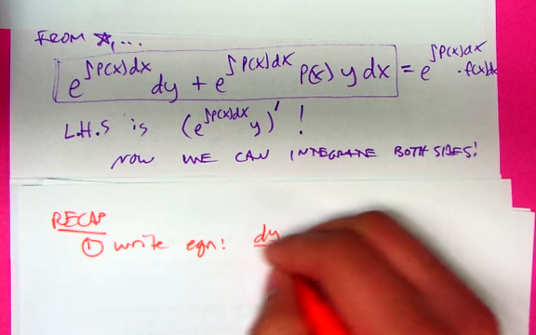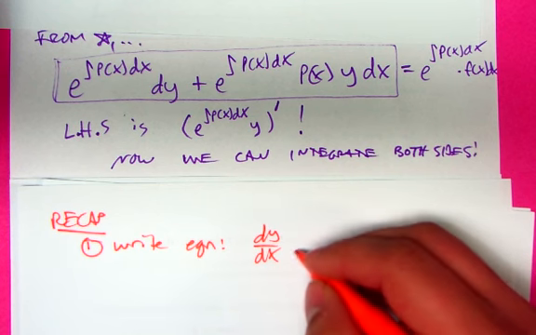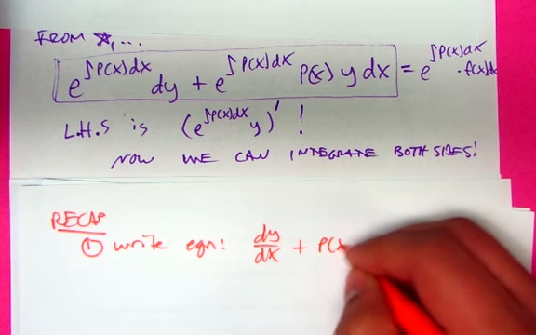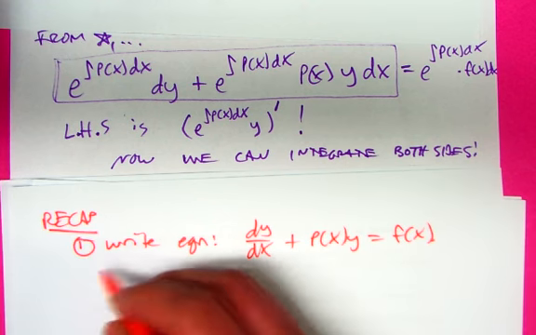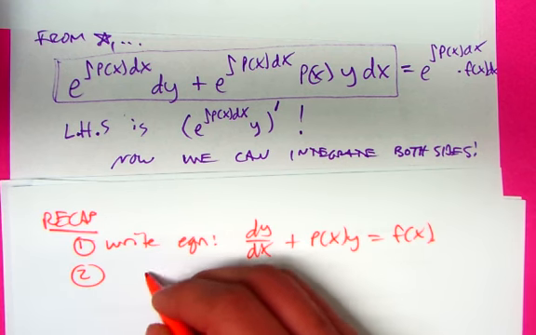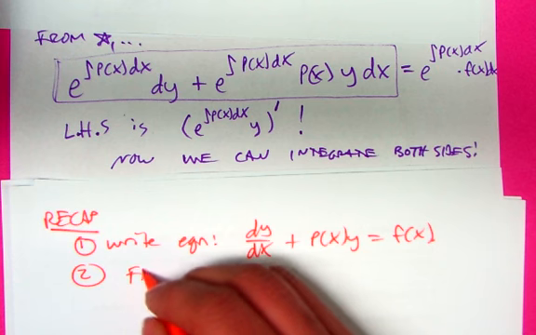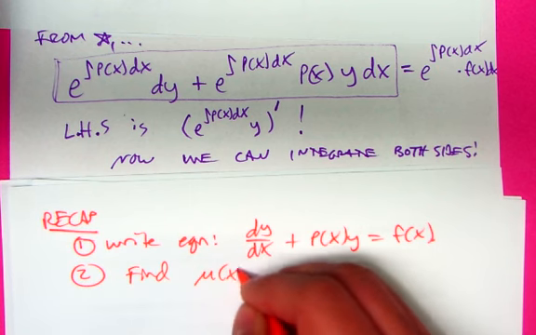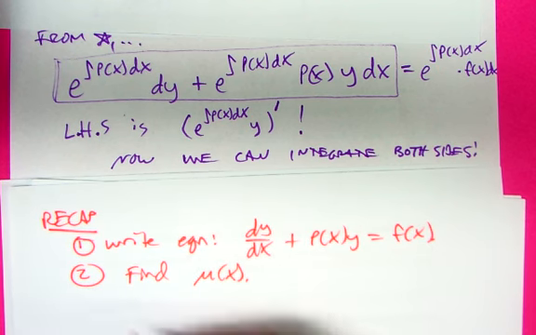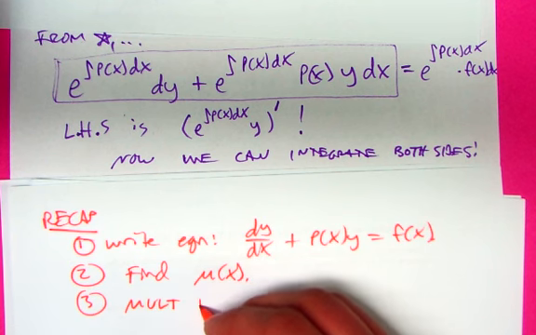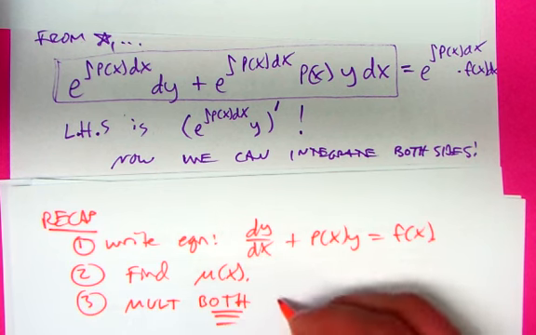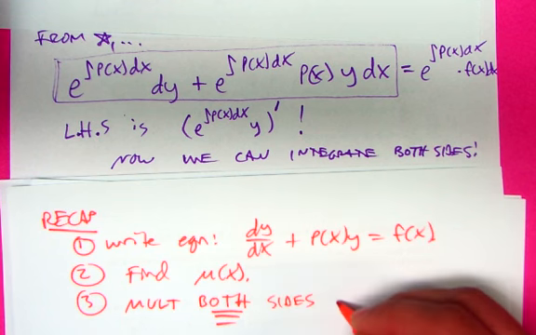So it needs to be dy dx with no lead coefficient other than 1 plus p of x y equals f of x. 2. Find integrating factor. 3. Multiply both, big important thing here, multiply both sides by mu.